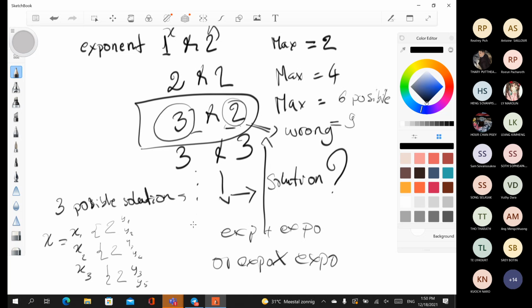If equation 1 has n solutions and equation 2 can have m solutions, the total is n multiplied by m. So the solution maximum is a possibility that can occur is the combination using the exponent value multiplied by exponent value.